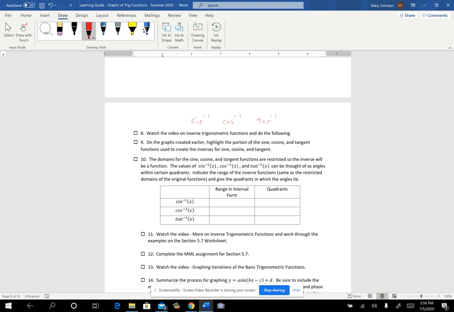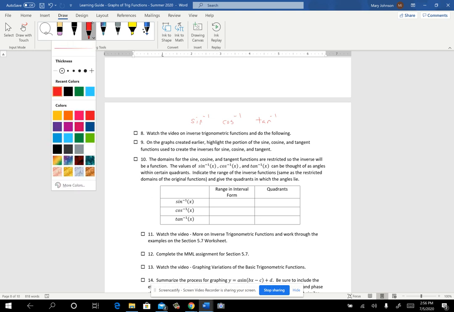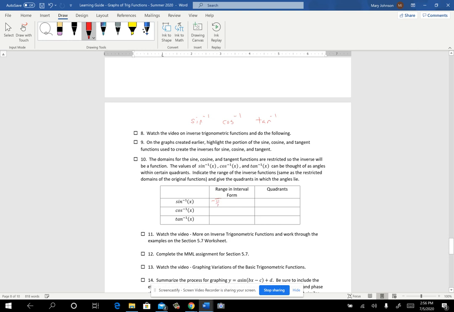All right, so what you want to think about is, where is the angle coming from when I do the sine inverse, okay? So remember, for sine inverse, what the calculator will give you back is anything from negative pi over 2 to pi over 2, including those, okay?